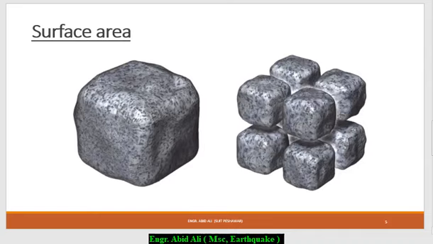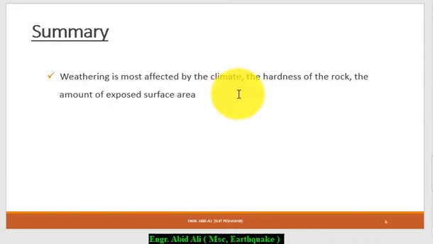So we can summarize these three things. Weathering is most affected by the climate, the hardness of the rock, and the amount of exposed surface area. That's what really dictates how quickly a rock is going to break apart.